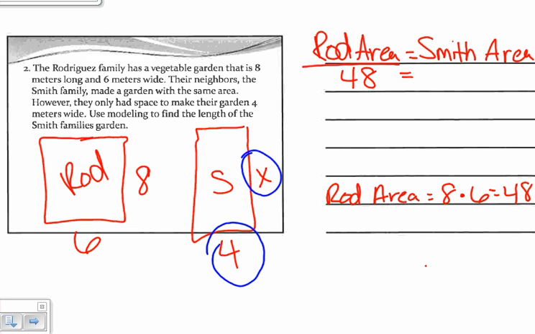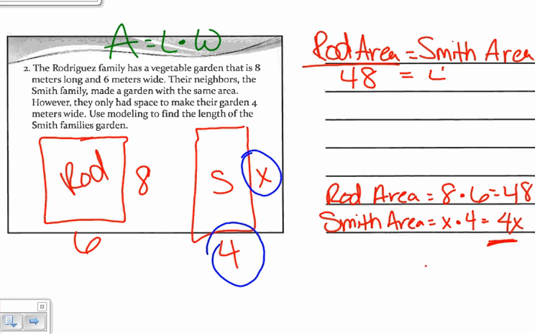But let's use our area formula that we had before up here, before it all disappeared. My Smith area is going to be length times width. So x times 4, which is going to be 4x. Remember, we put the number before the letter there. So I know the Smith area is 4x.